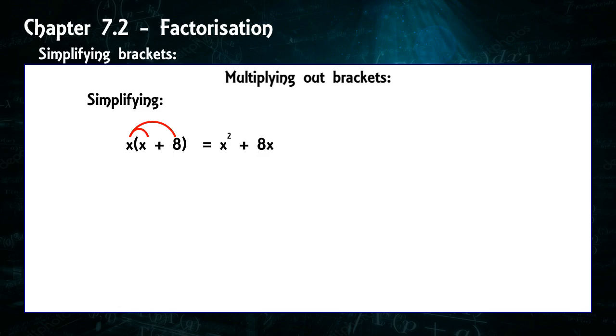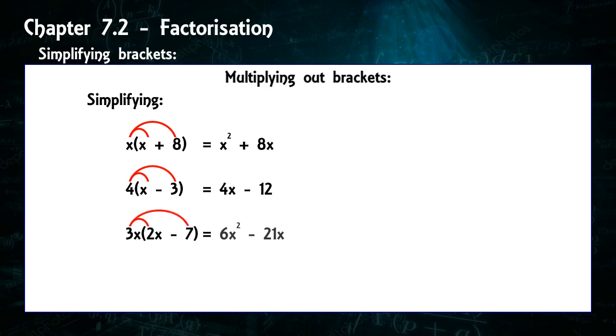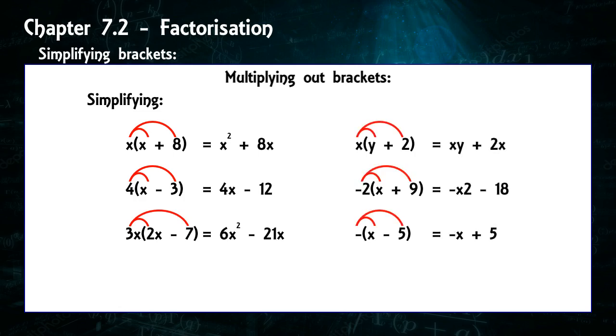And 4(x minus 3) turns into 4x minus 12. And 3x(2x minus 7) becomes 6x squared minus 21x. This process is called simplifying the expression by multiplying out the brackets.